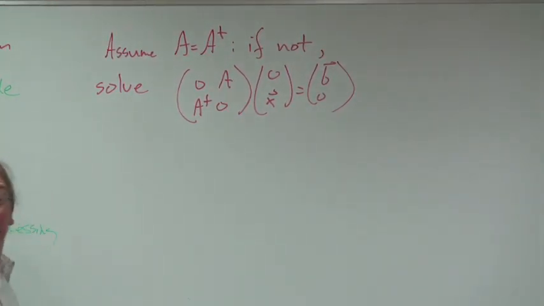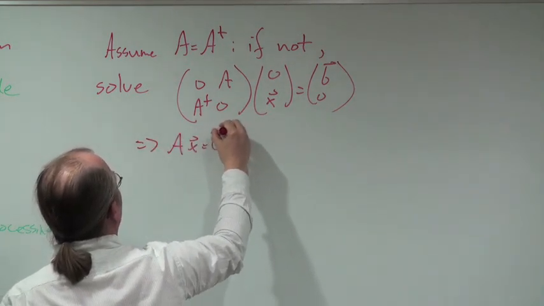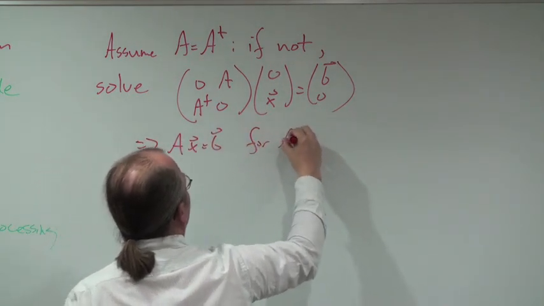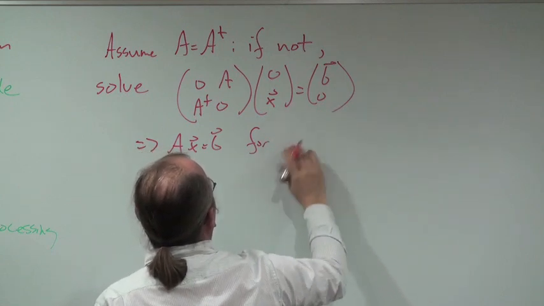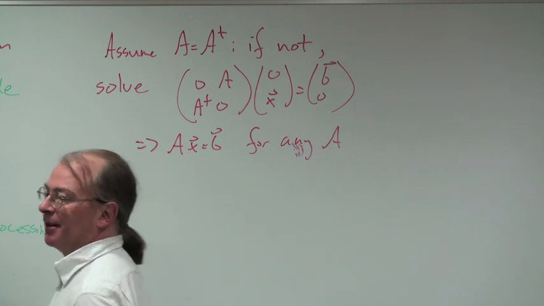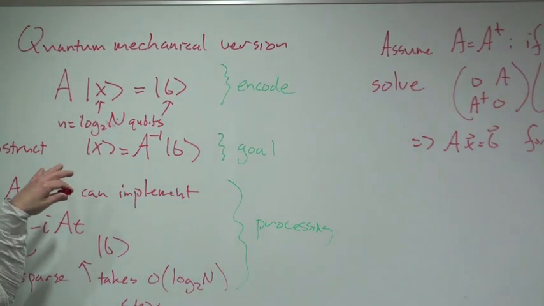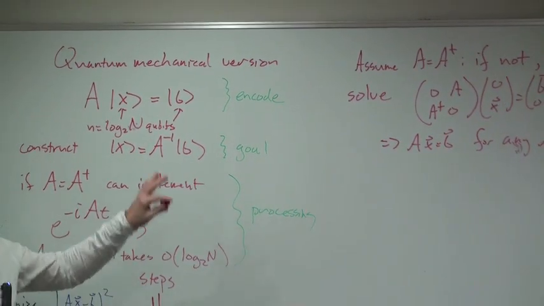If I solve this, it implies that Ax is equal to B for any A, including A's that are not square. The problem could be either over-constrained or under-constrained. Okay? So everybody happy with that?